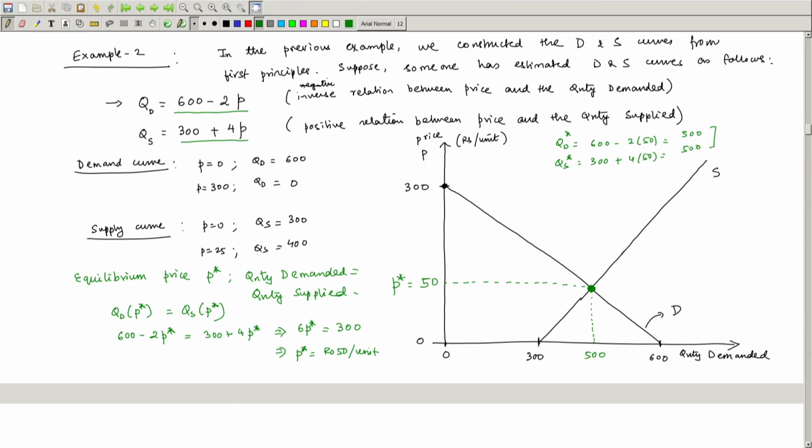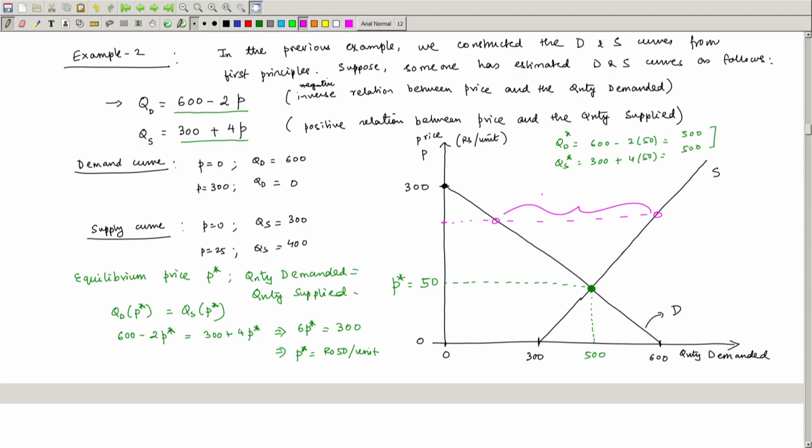Just as in the previous example, it is the intersection of the demand curve and supply curve which gave us the equilibrium price. Even now in this example, where we are given equations of the demand curve and the supply curve, the intersection is giving us the equilibrium price. And as before, you will notice that for a price P which is greater than P star, the quantity supplied is greater than quantity demanded.